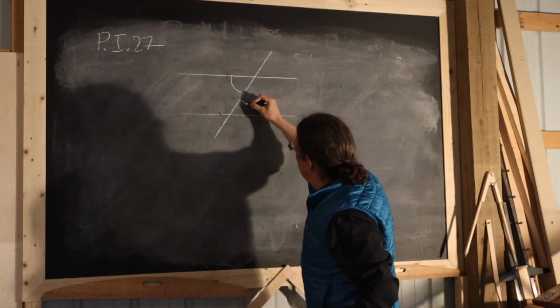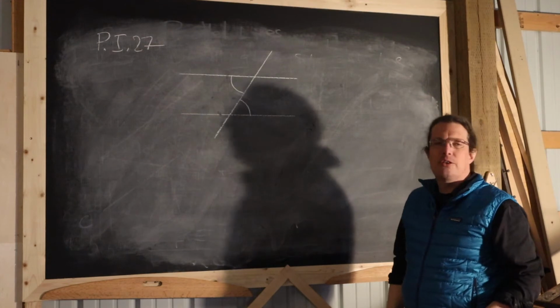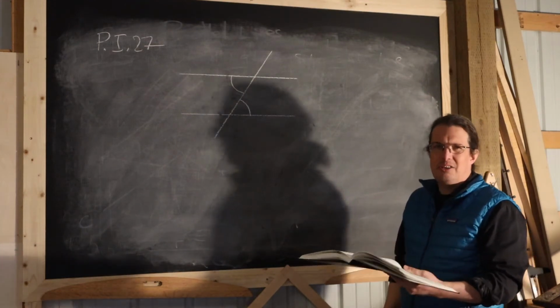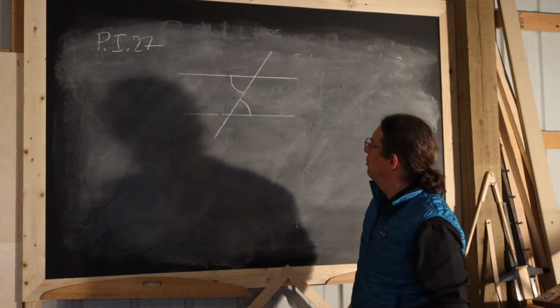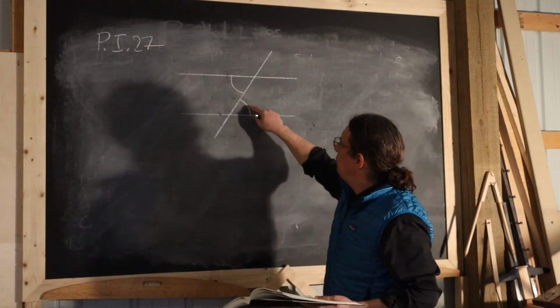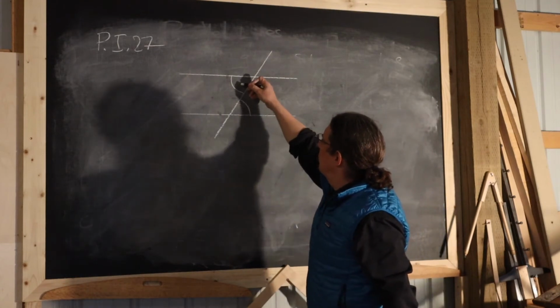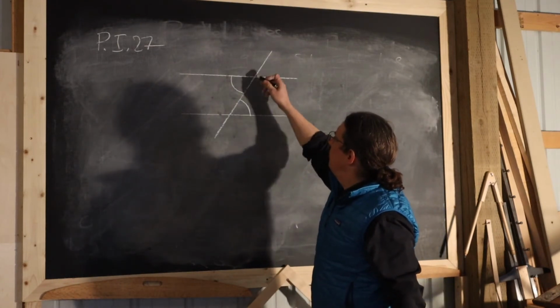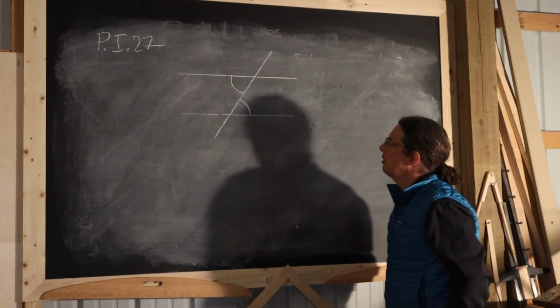alternate interior angles equal, really just alternate angles in general, and in a minute I'll say what I mean by alternate angles. But these two that I've labeled here are alternate angles because they're on opposite sides of the traversal and on opposite lines in the network.